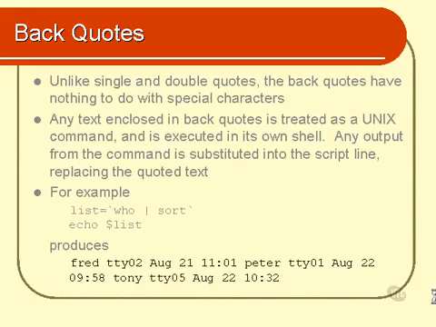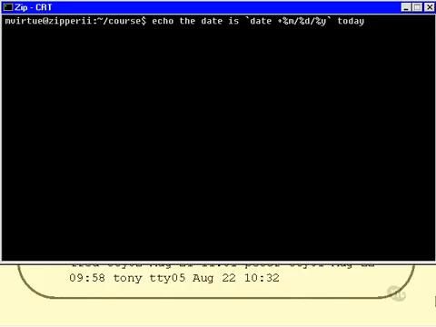and you can think of that as a particular nuance or feature of output generated by commands inside backward quotes. Let's look at some more examples of the back quotes, because it does take a little bit of getting used to. So here's an example: echo, and then the thing that I want to echo is "the date is something today."